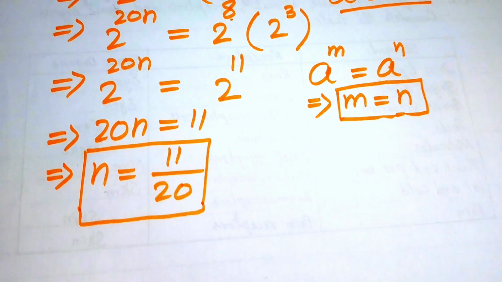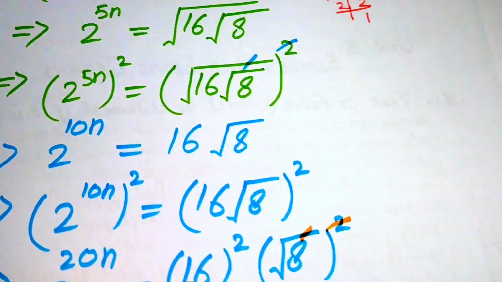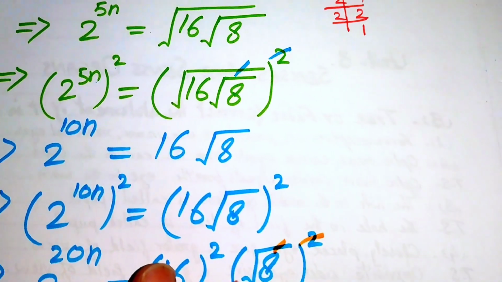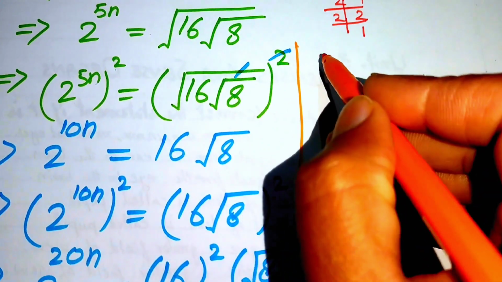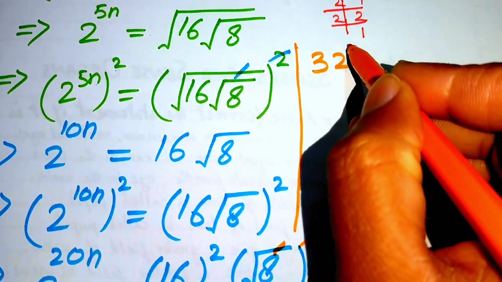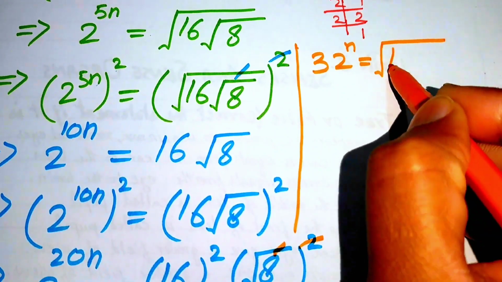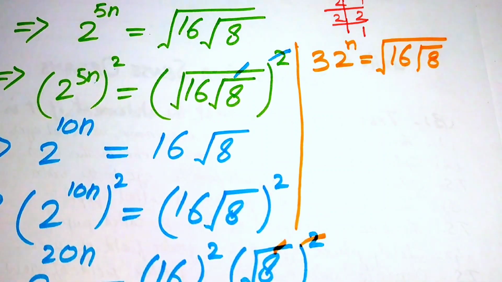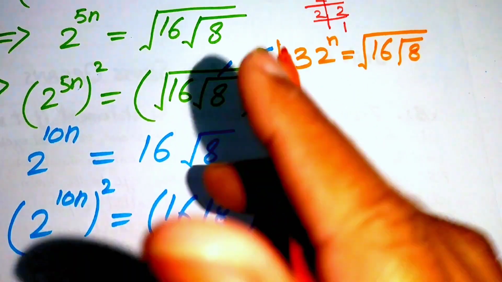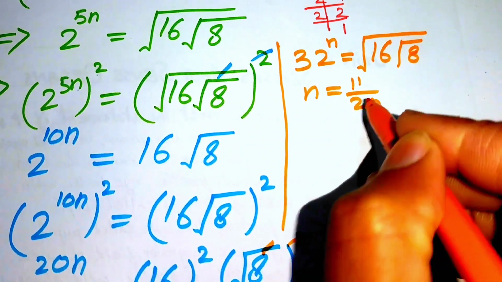And now we check this value of n, whether the value of n satisfies the given question or not. The given question statement is 32 to the power of n equals square root of 16 into square root of 8, and we find the value of n is 11 over 20.